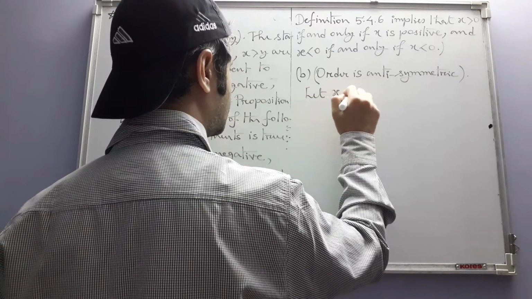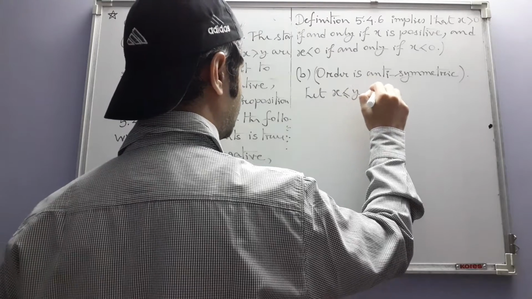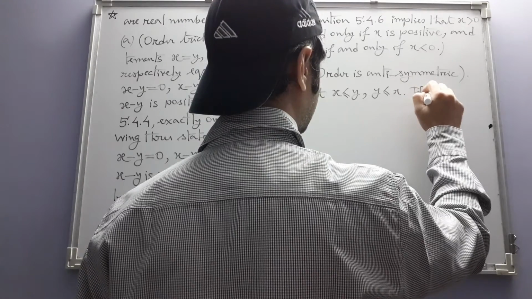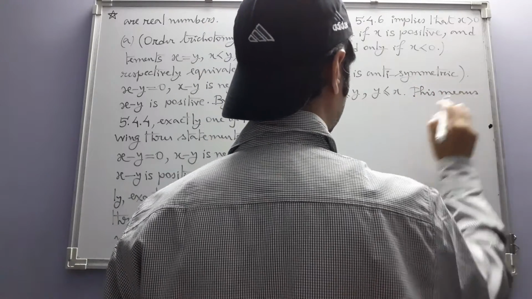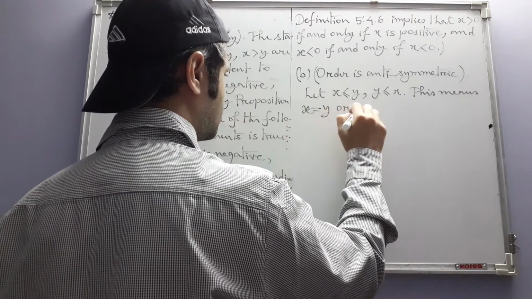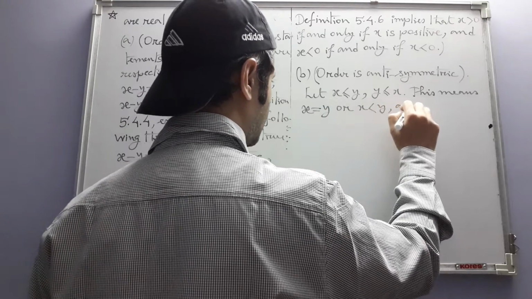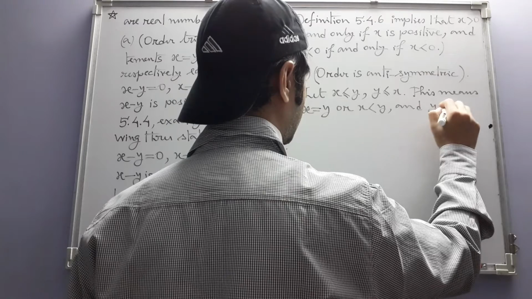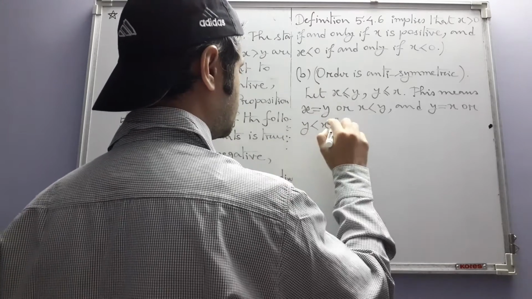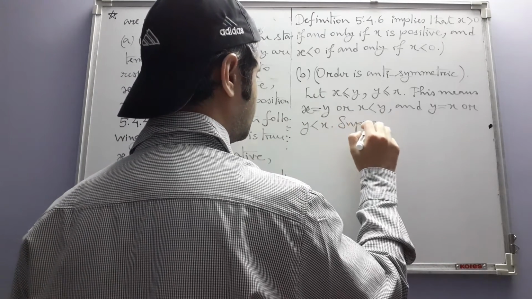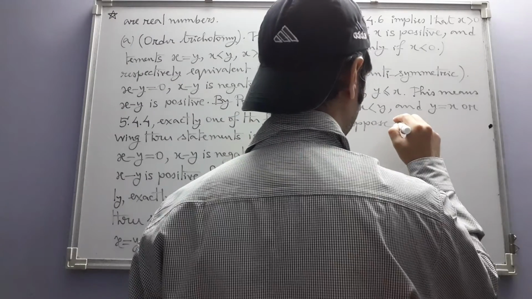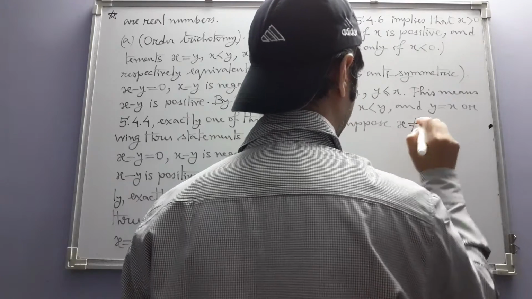So for that we assume that x is less than or equal to y and also y is less than or equal to x. This means either x is equal to y or x is less than y, and either y is equal to x or y is less than x. Our aim is to prove that x and y are the same, that is x is equal to y. Suppose to the contrary that they are not equal.